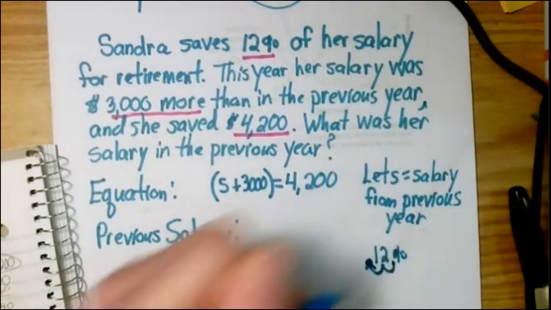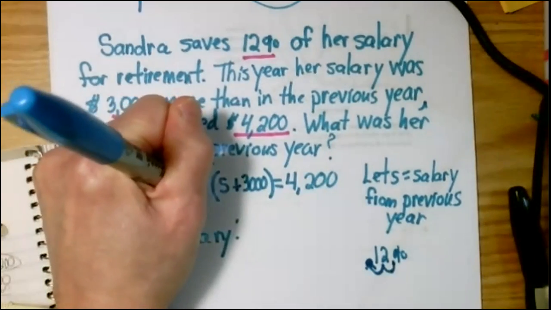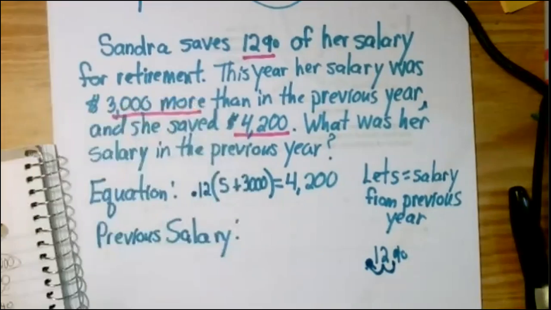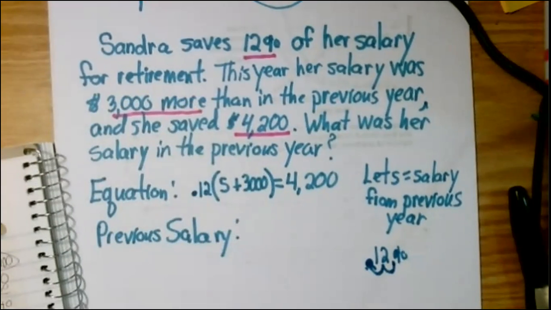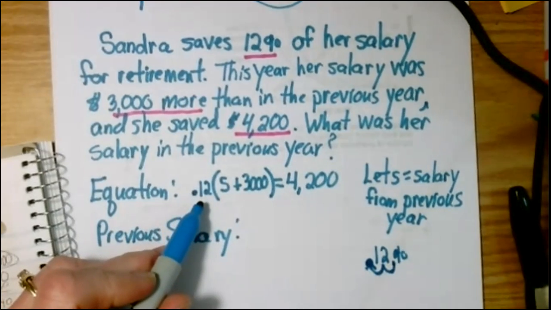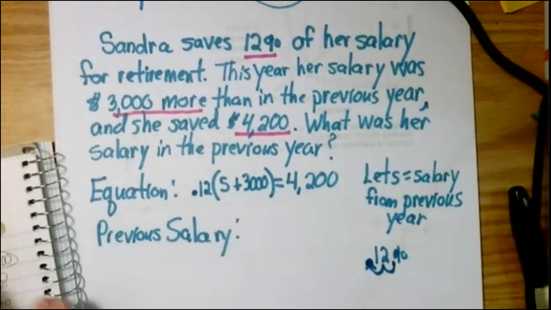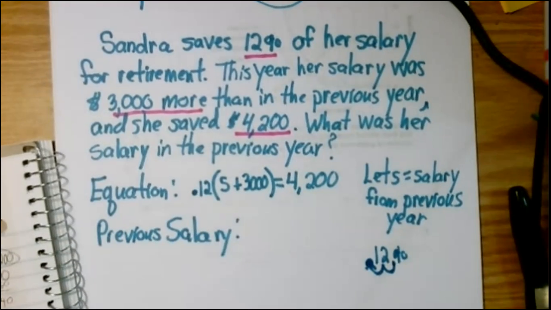So 0.12. So we're going to multiply the whole salary, new salary, by 0.12 or 12%. We know that that new savings is going to be $4,200.